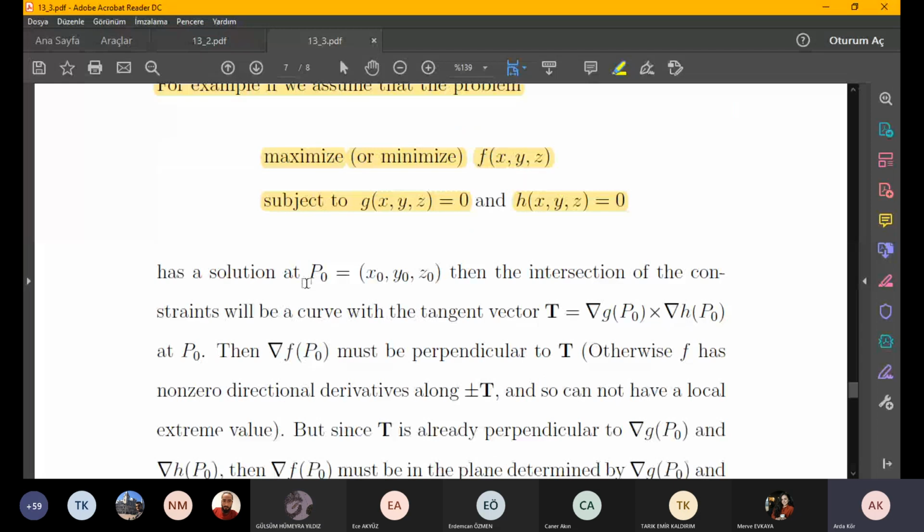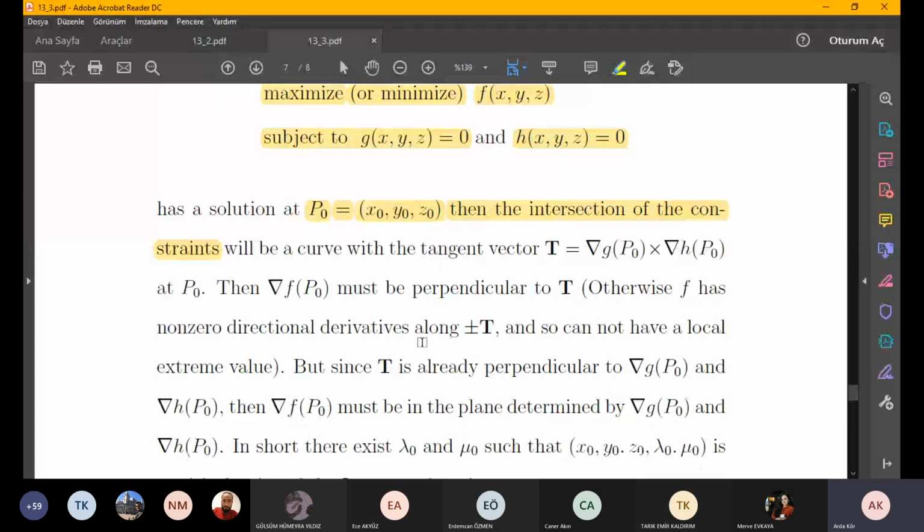If it has a solution at point P0, then the intersection of those constraints will be a curve with a tangent vector, which will be found by the cross product of the gradient of g at P0 and the gradient of the other constraint h at P0.